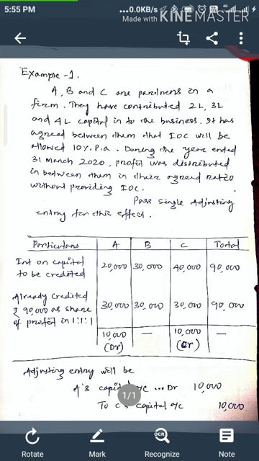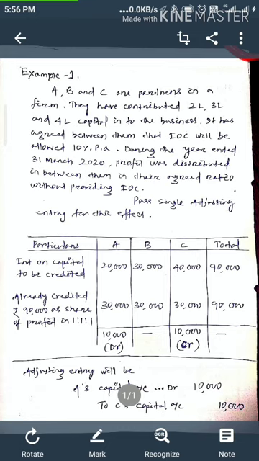Now this total 90,000 is our pathfinder. It was already credited, because they have taken the profit. Without providing this 90,000, where has that amount gone? They have already taken it. So already credited rupees 90,000 as share of profit in 1:1:1 ratio, that is 30,000, 30,000, 30,000, total 90,000.